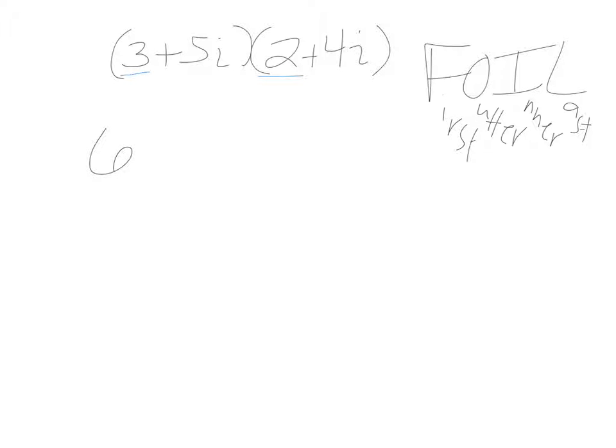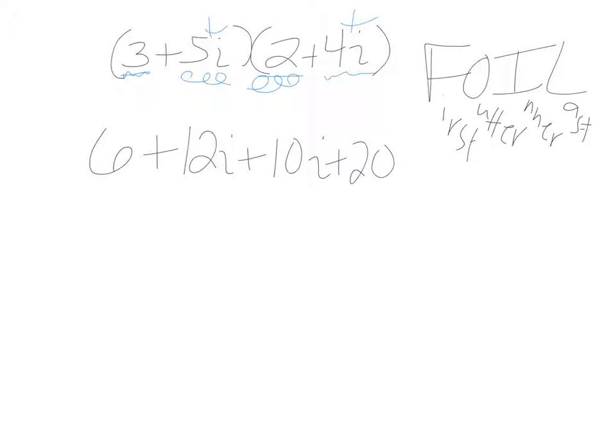The outer is 3 times 4i, which would be positive 12i. The inner, 5i and 2, would be positive 10i. And last, 5i times 4i. The 5 times 4 is 20, and then i times i is i squared.